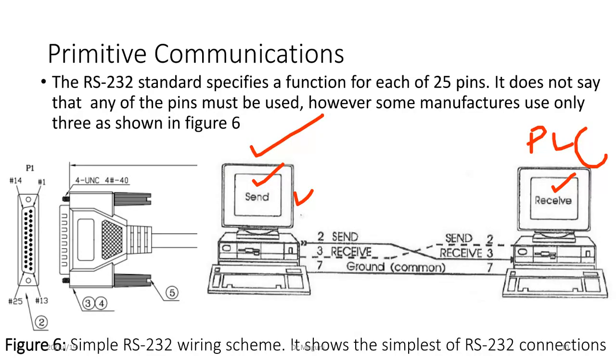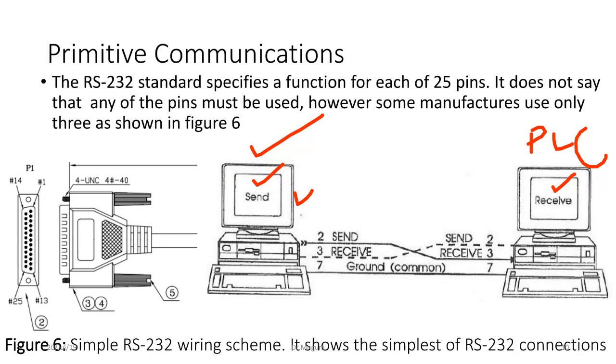When you don't have the function of handshaking, it does not know that there's a device at the receiving end. What it does is assume that there's a device at the receiving end. So this is when you only have 3 pins used for that.